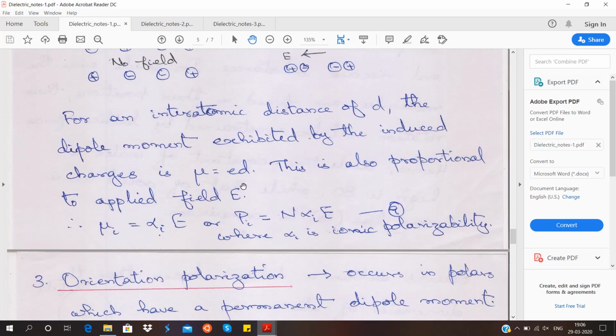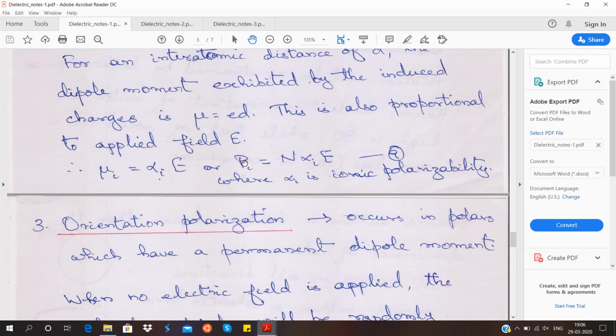Now, exactly in the same way how we defined the electronic polarization PE, I am going to define the ionic polarization PI as the number of dipoles formed multiplied by the ionic polarizability alpha I into the electric field E. So PI is equal to N alpha I into E.